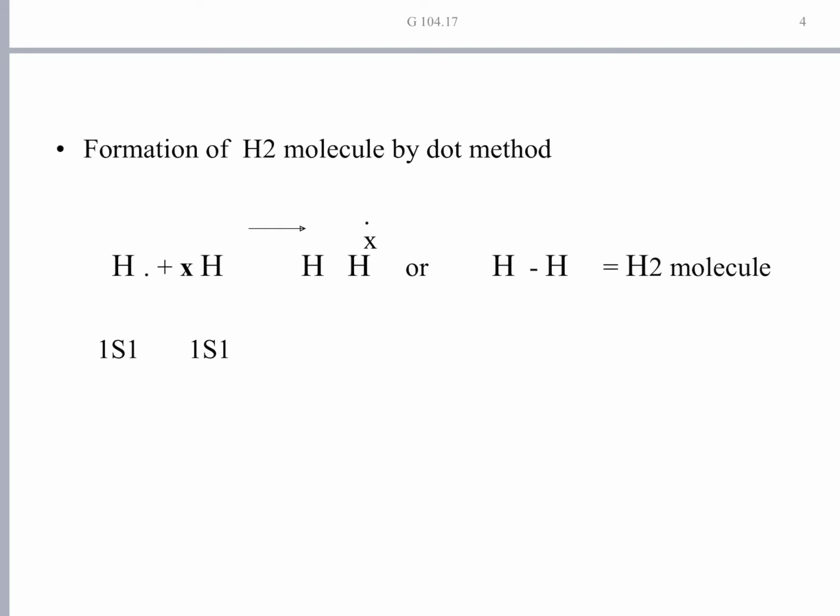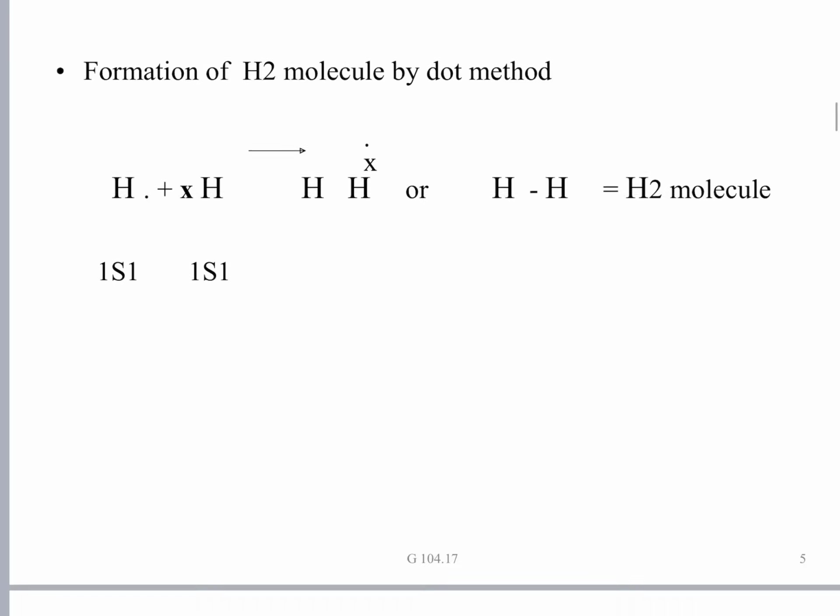Everybody says it is our house; it doesn't belong to any individual of the family. Likewise, once they form a bond, the bonding pair belongs to both atoms simultaneously all the time. Both atoms get the nearest helium configuration, energy is released during this formation, and they become stable.